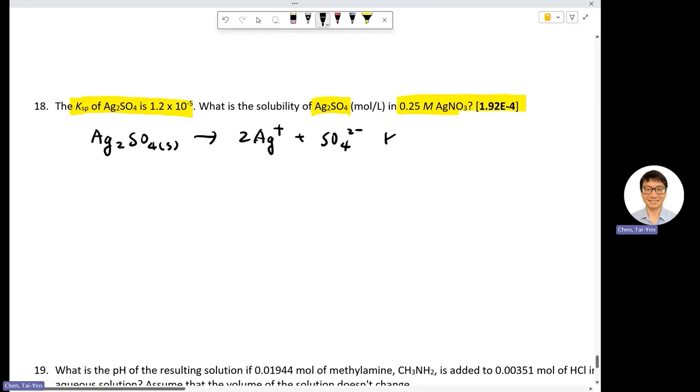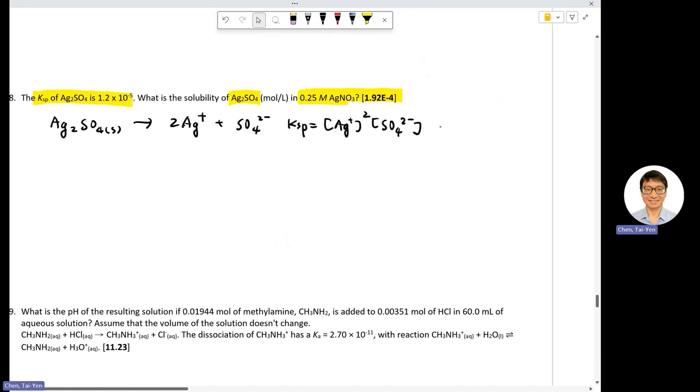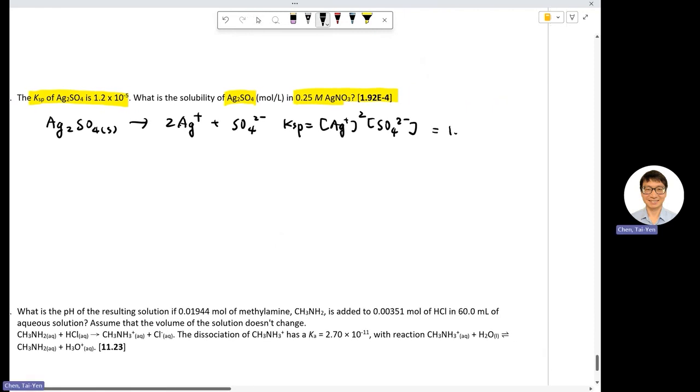Okay, the Ksp will equal Ag plus squared multiplied by SO4 2 minus to the first power. Okay, and then this is going to equal 1.2 times 10 to the negative 5.